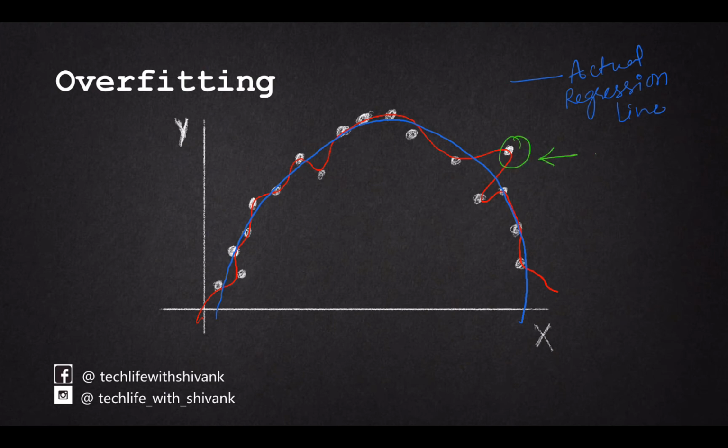As we can see, this is quite an outlier because it lies quite separately from our other data points. So basically an overfitted model learns the noise from the data, and such an overfitted model does not perform well on unseen inputs because it has not understood the general pattern between inputs and outputs, which is represented by the blue line here.